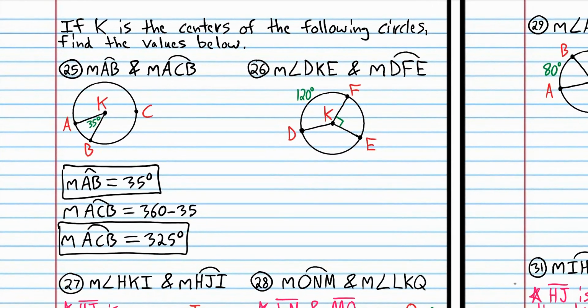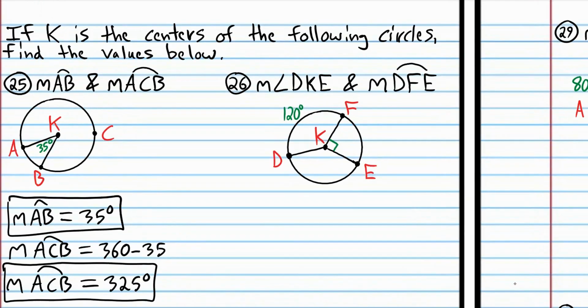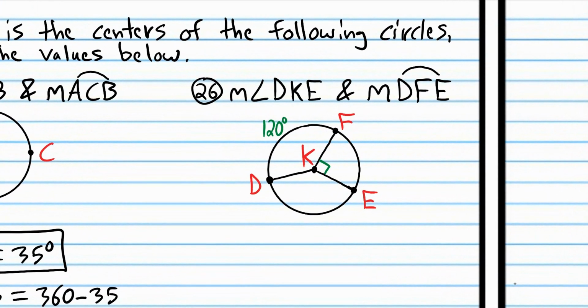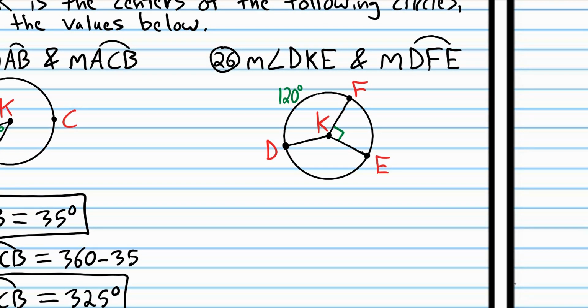Number 26, now we want the measure of angle DKE. So this is an actual angle. DKE is going to be this angle here. Now, we can think of this arc measure as an angle, the central angle, or we can think of this central angle as an arc. It doesn't really matter, it's all the same thing. This angle we know is 120 because the central angle is equal to the corresponding arc. So if we bring that out, we have 90 degrees, we have 120, and then we're just looking for this angle.